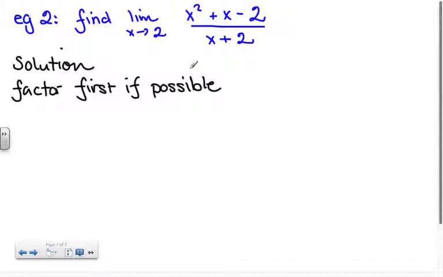If it's not possible, then you'll probably end up having to use direct substitution. Even though I could easily use direct substitution, it's a lot easier to work with the factored form.